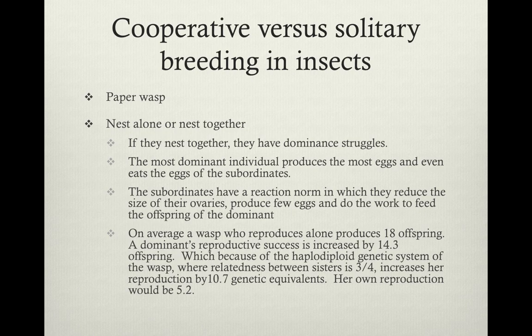By helping sisters reproduce, they're able to increase their reproductive output by 14.3 offspring, which offsets the cost in terms of what they'd be able to produce by direct reproduction. So this unique genetic system of haplodiploidy allows eusocial insects to do better if they help their sisters reproduce versus reproducing on their own.